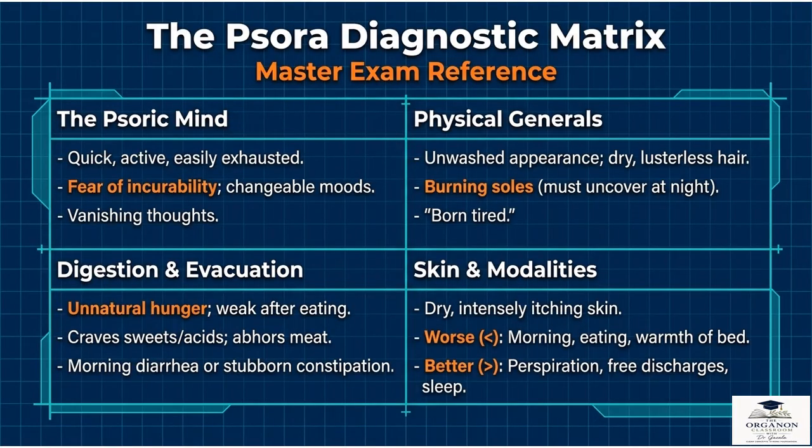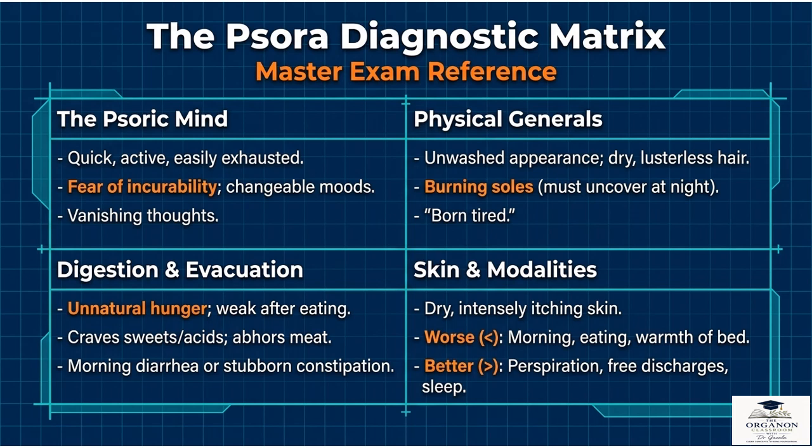This is your exam matrix. Okay. The Soric mind: quick, active, easily exhausted, fear of incurability, changeable moods, vanishing thoughts. Fear of incurability, a very very important remedy that you have studied, write down in the comments if possible. Physical generals: unwashed appearance, dry lusterless hair, burning soles, must uncover at night, born tired.